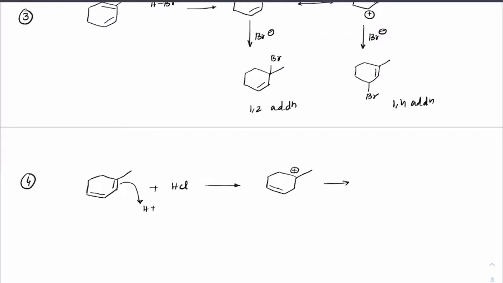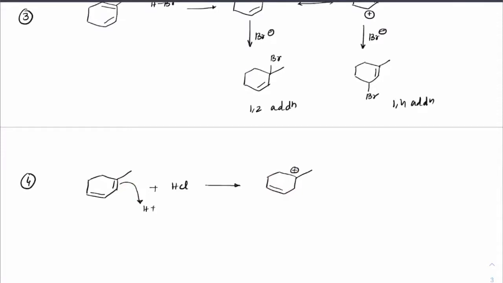Now, you see that here there is no resonance stabilization, which means this is not a stable carbocation formation, correct? Although it is at the tertiary position, you don't see it as a stable carbocation formation because it is not giving any resonance stabilization.